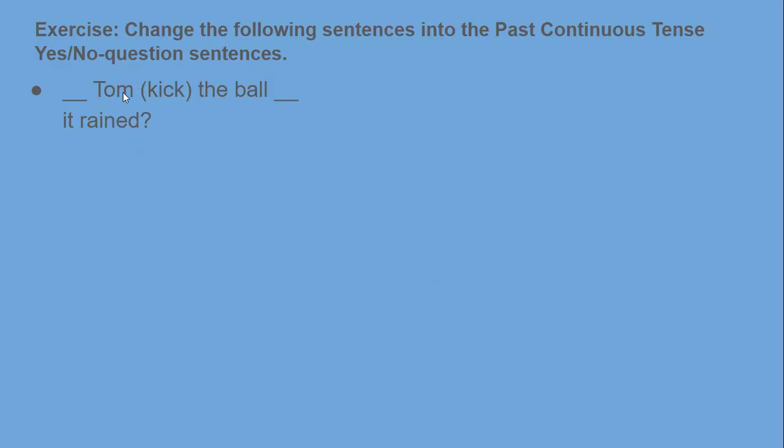Our subject is Tom, and Tom is a he. So we need to start with was, and then we need to make our verb end with an ing, right? And it becomes kicking. So the correct sentence becomes, was Tom kicking the ball when it rained?